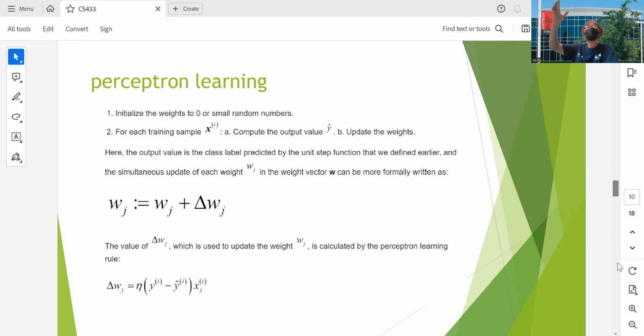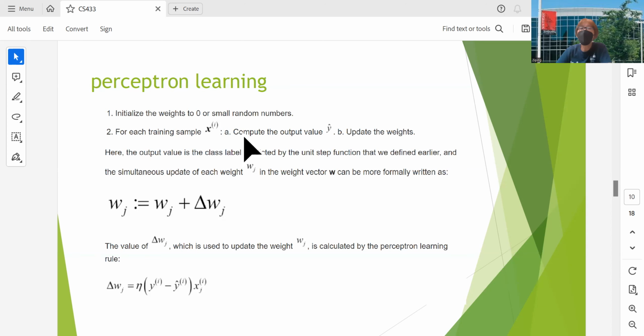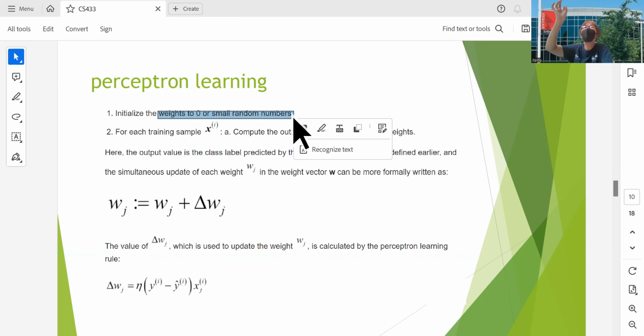So then the whole idea here is to find the weight. So how do we find the weight? Here we are going to discuss what we call perceptron learning. You can initialize the weight to some small random number.